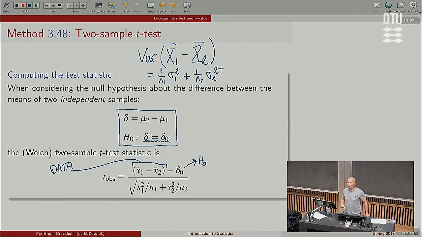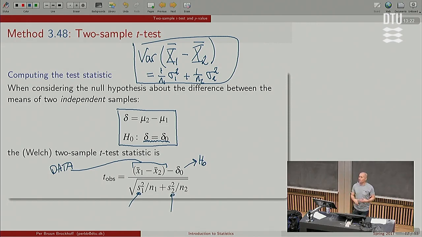That's kind of two versions of the thing you've met previously. And now this is the theoretical expression of the variance, and here I have the plug-in version, where I plug in the observed variances, the sample variances from each group. So you see how this in various ways is the natural extension of what you were taught for one sample.